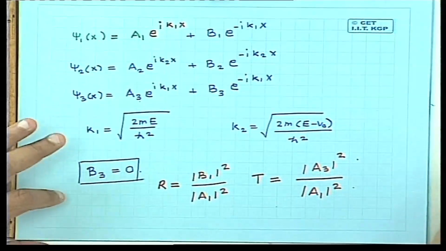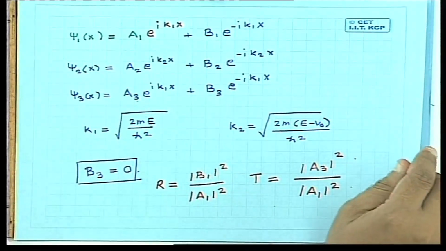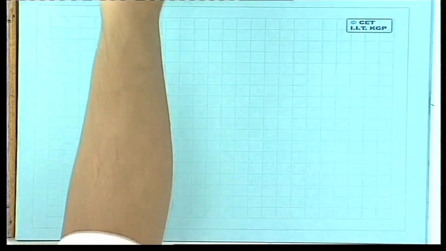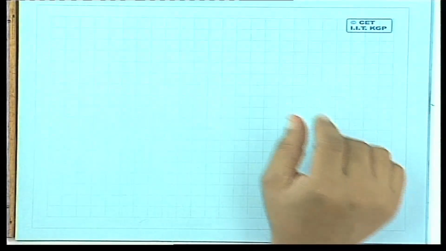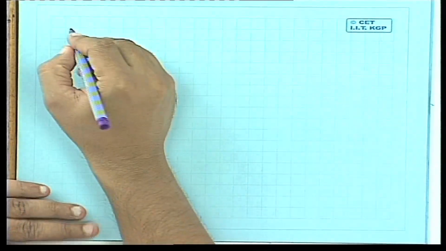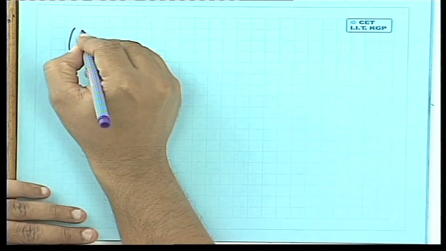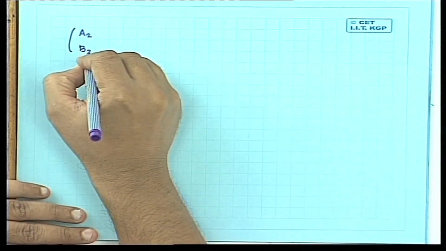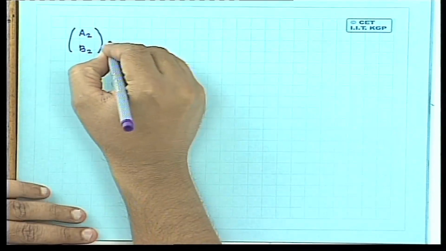So let us now embark upon this calculation. We have already considered what happens to the coefficients as we go across a potential barrier. So we can write down A2, B2 in terms of A1 and B1.